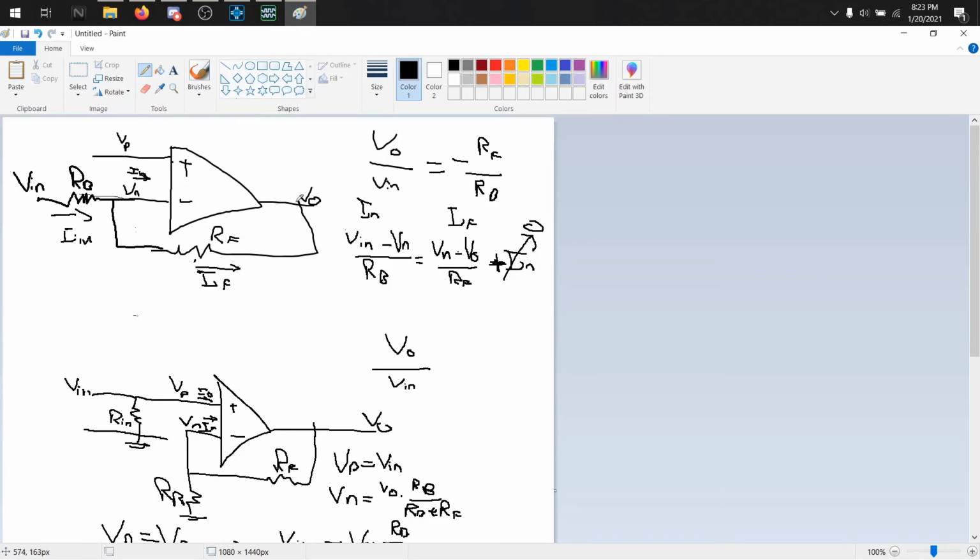And then this current is VN minus VO over RF. Then you just do algebra to get VO over V input, and you'll end up with negative RF over RB for an inverting op amp.